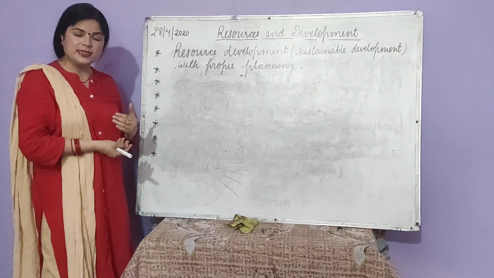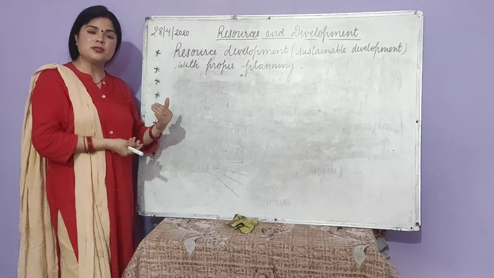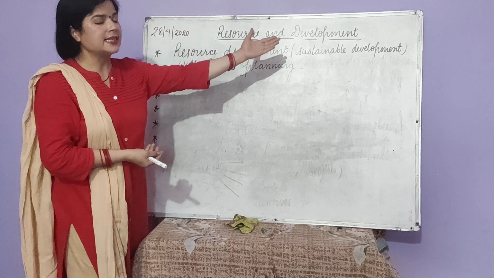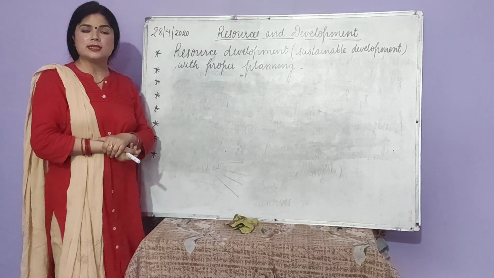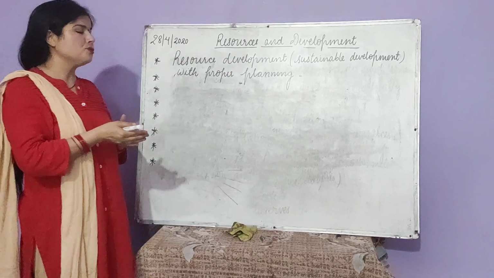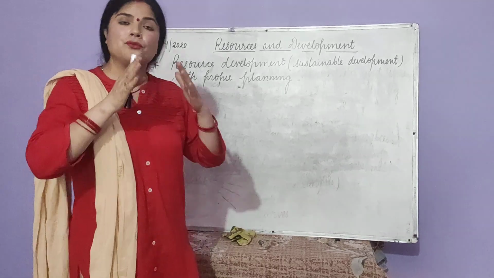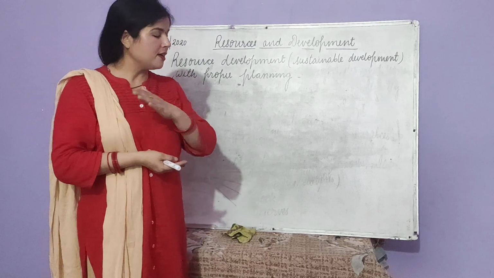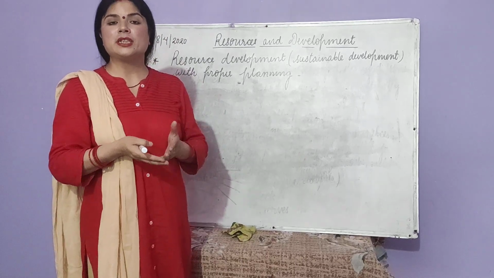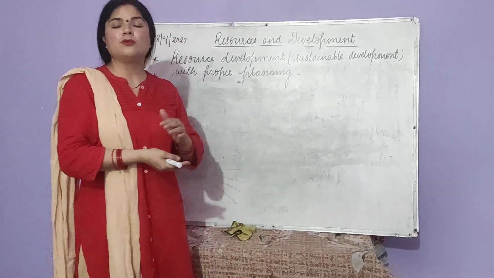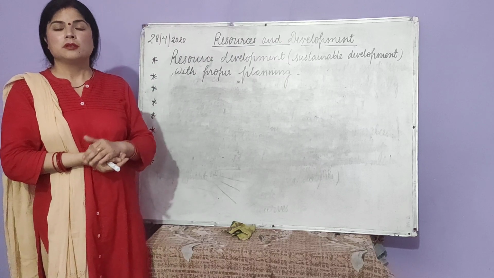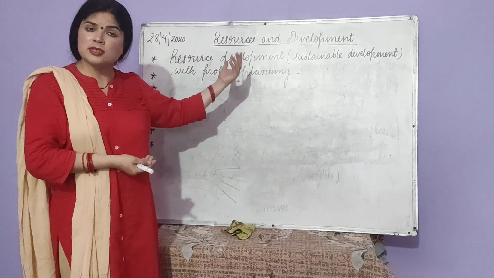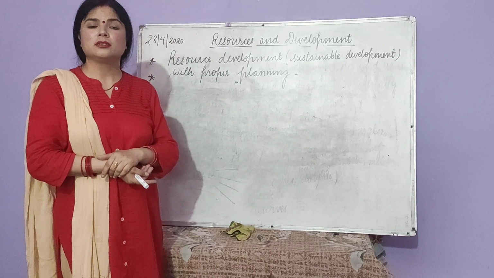What are these points? What are these steps? First is sustainable development of resources. Means we have to use these resources without disturbing nature. We don't have the right to disturb our nature for fulfilling our requirements. Because most of the resources we are getting from nature only.